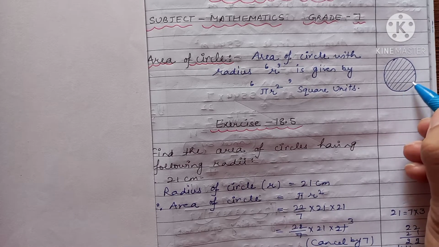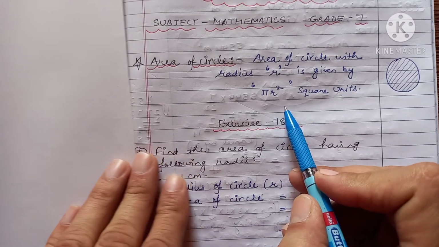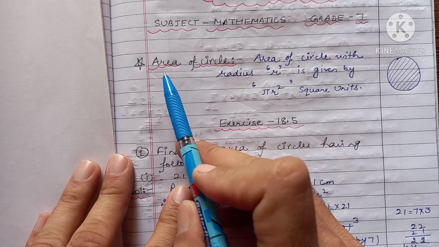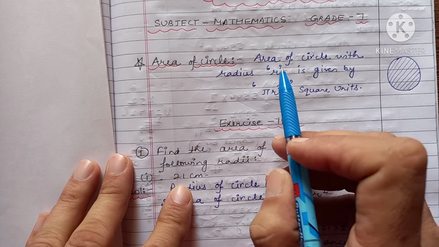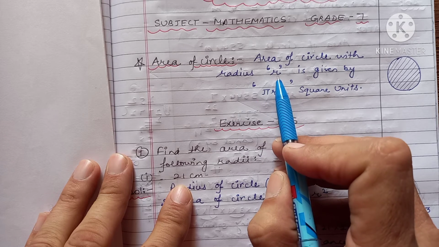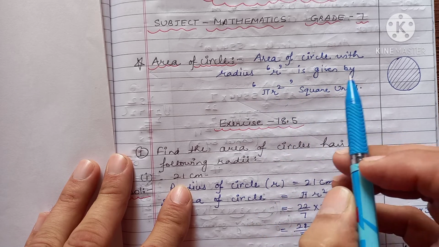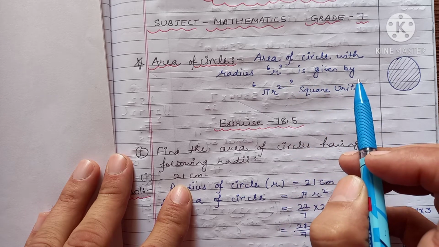And the area of the circle is pi r square, where r is the radius of the circle. So we can say that when the radius of the circle is r, the area is pi r square units. The unit of area is always square unit. Why is it square unit?